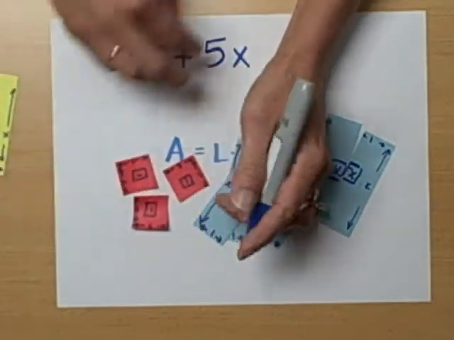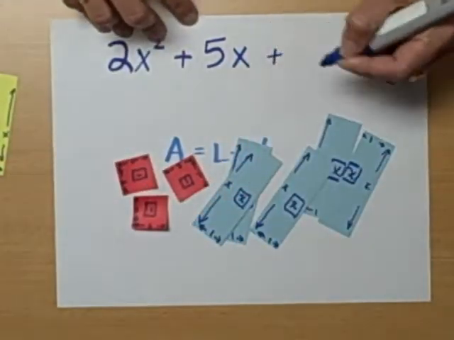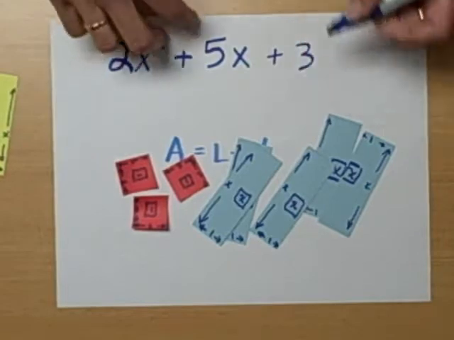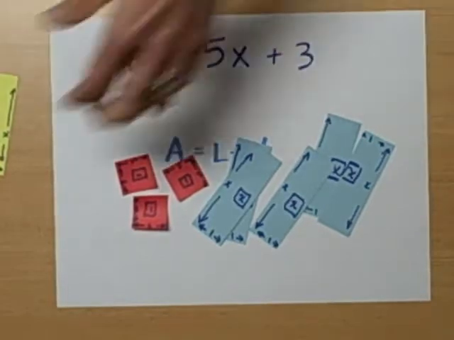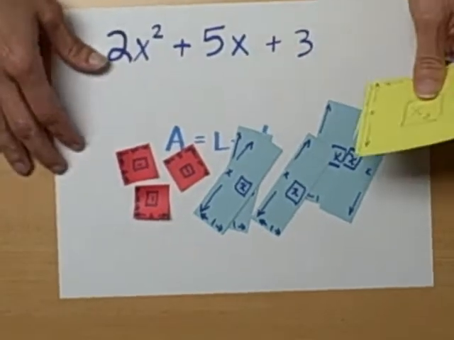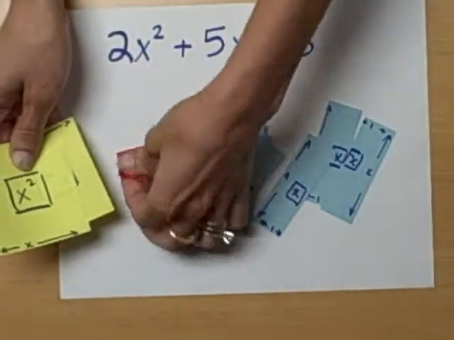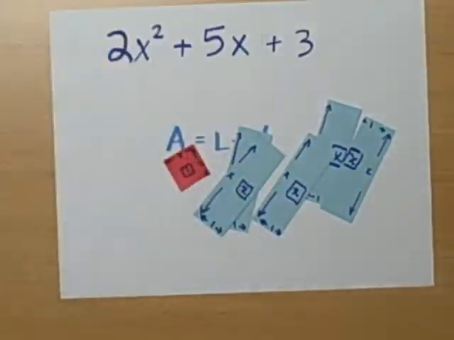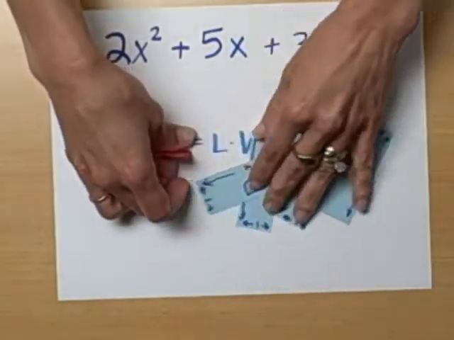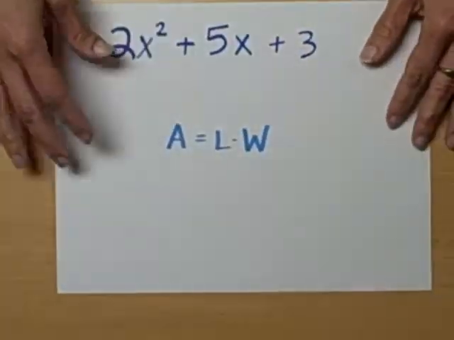Here they are. And what I want you to do is to create a rectangle using all these pieces. Because then, by looking at the rectangle, I can tell you what its length and width is.